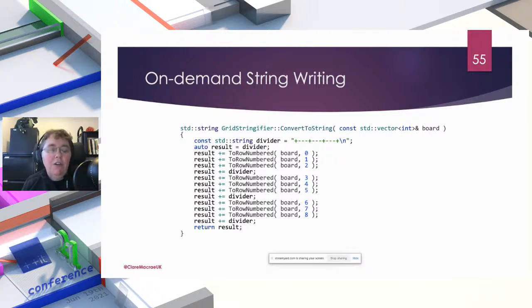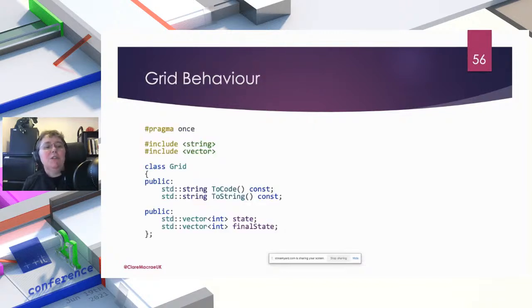And there was another location in the code where the digits were written out, this time as an 81-digit string, just 81 characters. And so I added some behavior to the grid class to say, I can say grid dot to string to give me the nice picture of all of the digits, the grid, and grid dot to code to give me the simple representation.